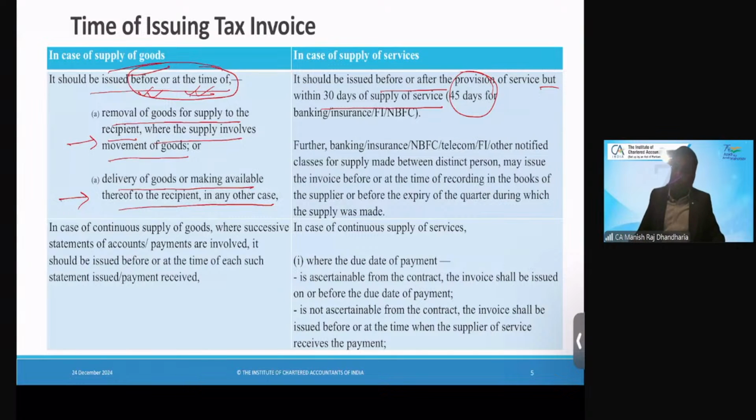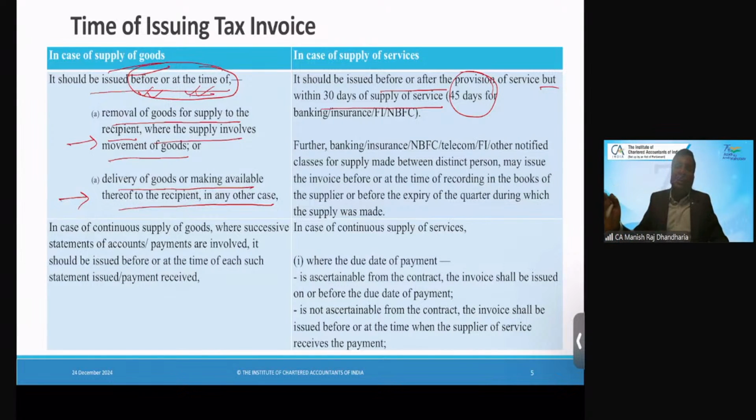So let's come back to this. In case of banking and insurance company, also NBFC, telecom and financial institutions, the law permits to issue the invoice at the quarter end.